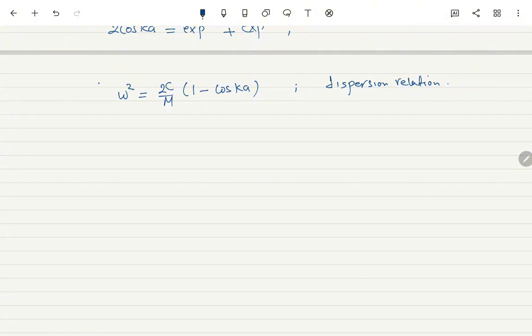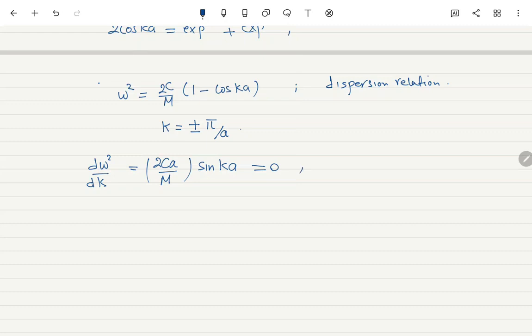And from this one here, the boundaries of the first Brillouin zone is k equal to plus or minus pi over a. And the slope of omega versus k will be 0 at the zone boundaries, which means d omega squared by dk equal to 2c a over m sine ka equal to 0.